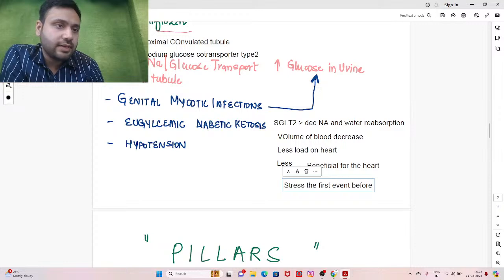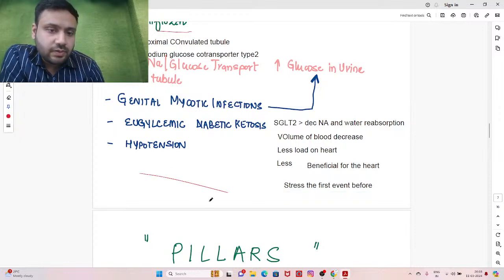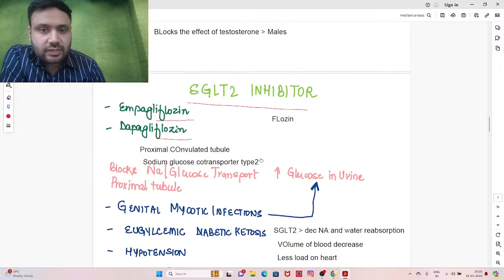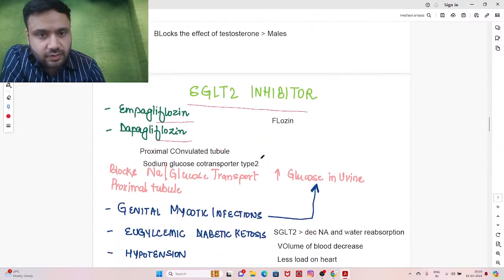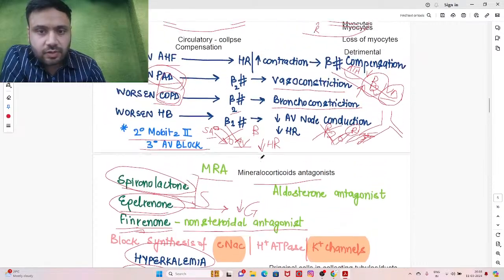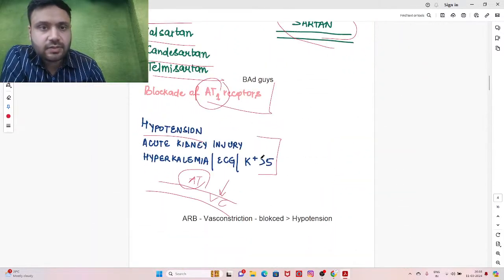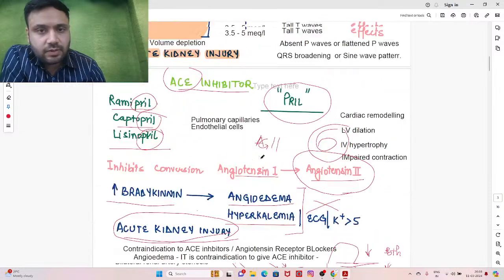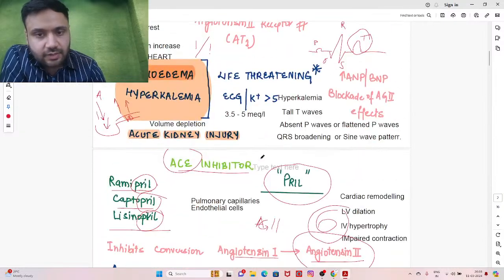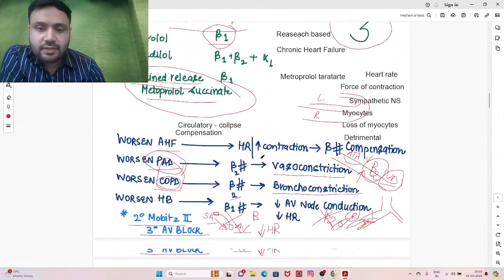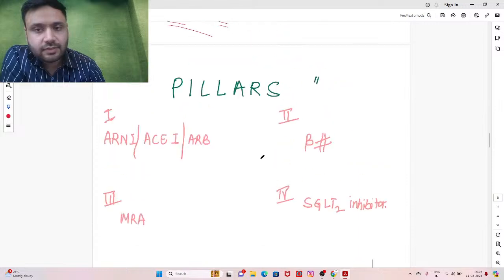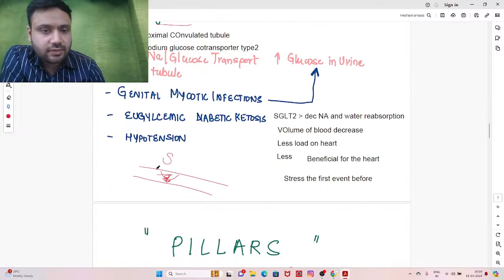Remember this diagram where there was this artery, where there was this plaque, and there was stress, which led to the rupture of plaque, right? So there is this common theme for all of these drugs, including SGLT2 inhibitors, mineralocorticoid receptor antagonists, beta blockers, angiotensin receptor blockers, including ACE inhibitors and ARNI. They all are addressing the effects of stress, and the stress is occurring where? In the heart.